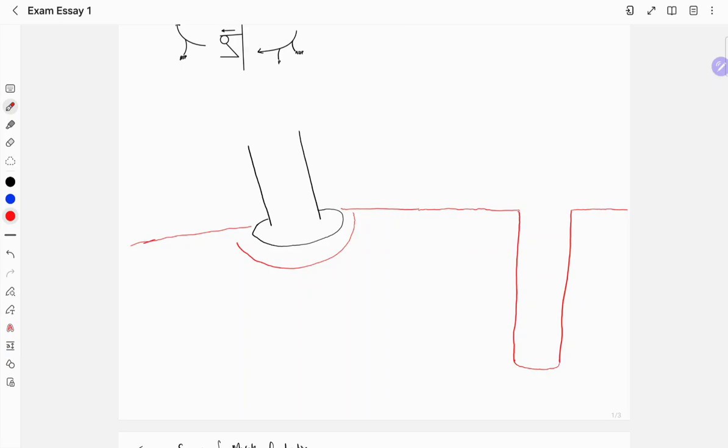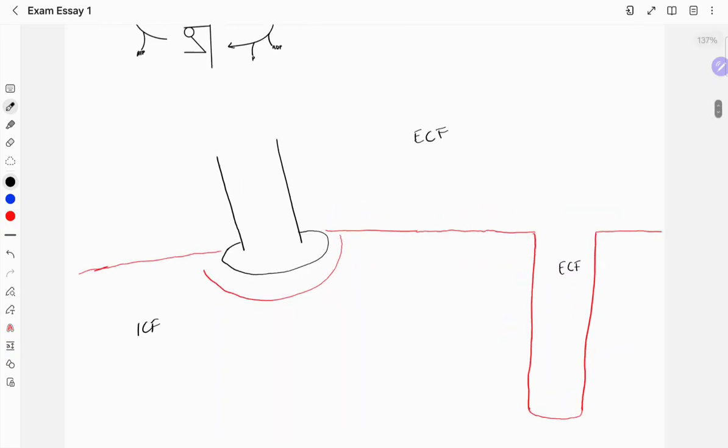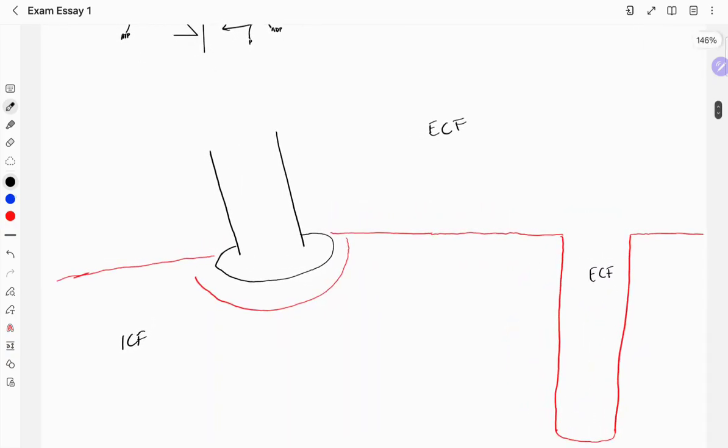But we still would consider this here's our ECF, extracellular fluid, same here. And then ICF, here's our intracellular fluid. All right. So on our neuron, we have several channels. We also have myelin on the outside.